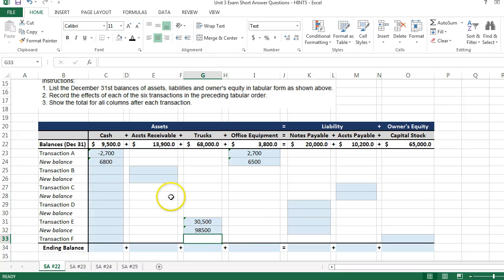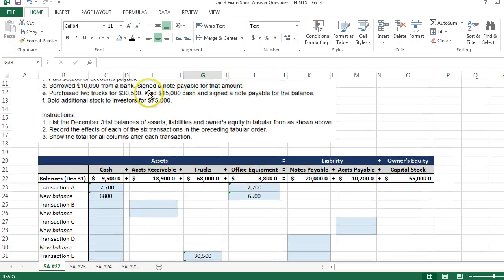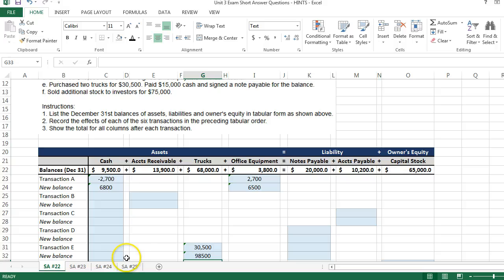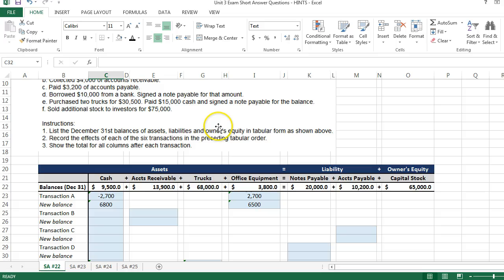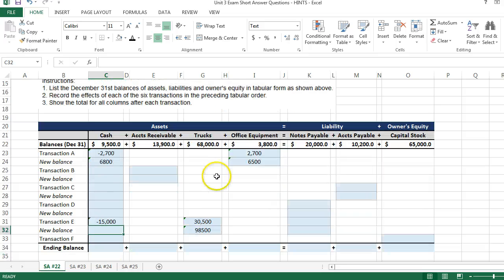Okay, and then we paid $15,000 cash. So that's going to affect our cash account, obviously, by $15,000. We paid that money and it went towards our trucks. Now, last thing we have to note is we signed a notes payable for the remaining balance.